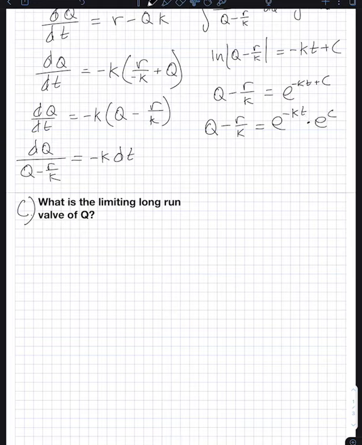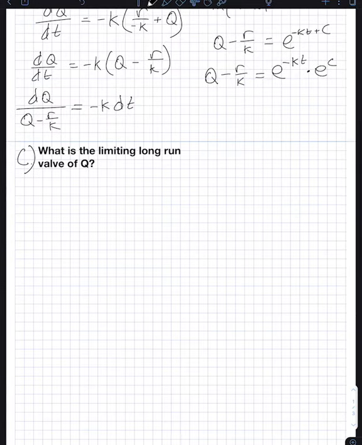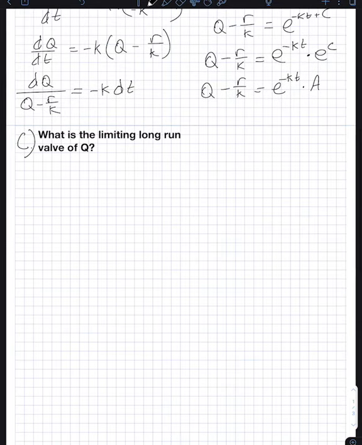We can write e to the C as just another arbitrary constant, which I designate as A. Now we can get Q by itself if we just add R/k.